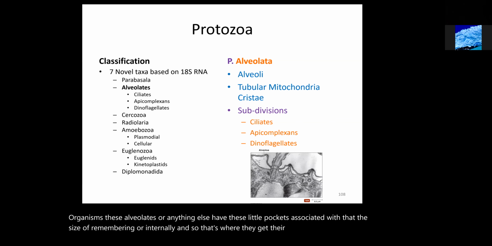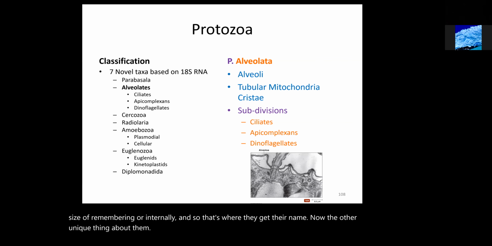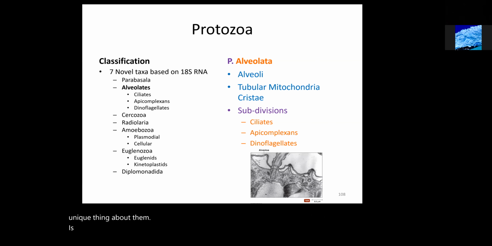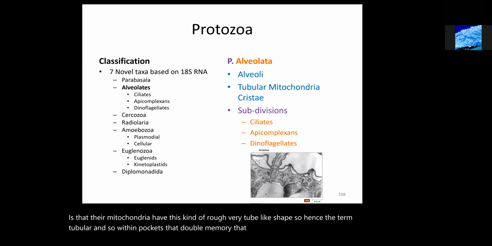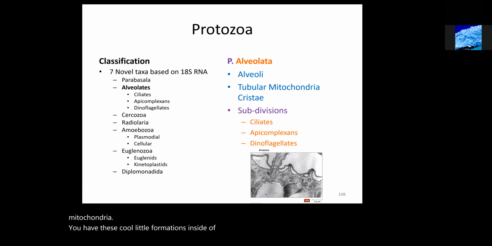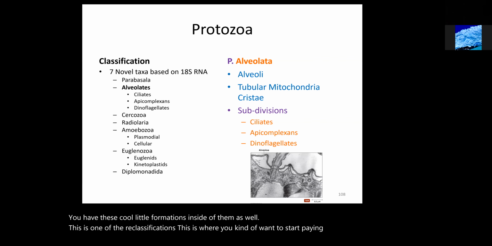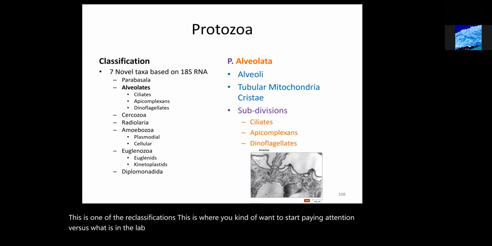Now, the other unique thing about them is that their mitochondria have this rough, very tube-like shape, hence the term tubular. And so within the pockets, the double membrane that everybody is familiar with about mitochondria, you have these cool little formations inside of them as well. Now, this is one of the reclassifications. This is where you want to start paying attention versus what is in the lab. So we'll probably compare them in a moment.